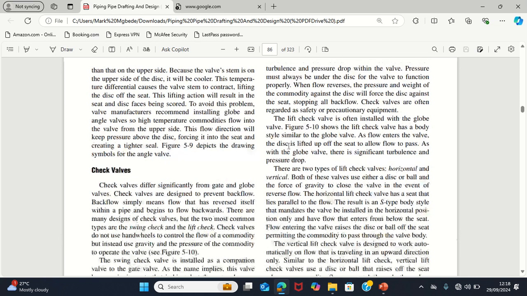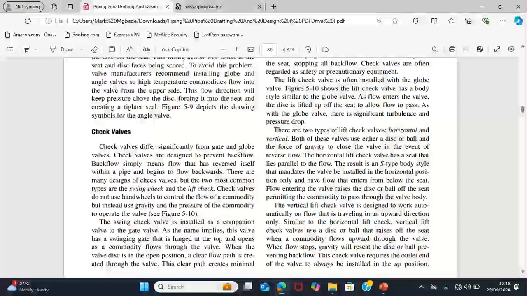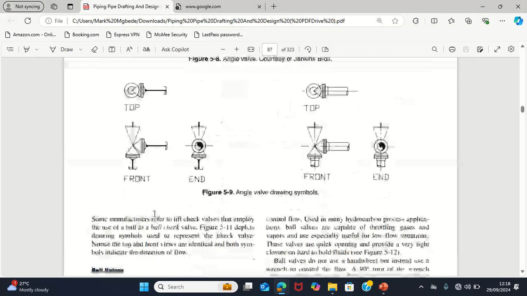That's what it is being used for. The check valve is used to make sure that the fluid doesn't return back. It goes in one direction and just one direction. It helps to prevent fluid from backflow. That's just what it does.